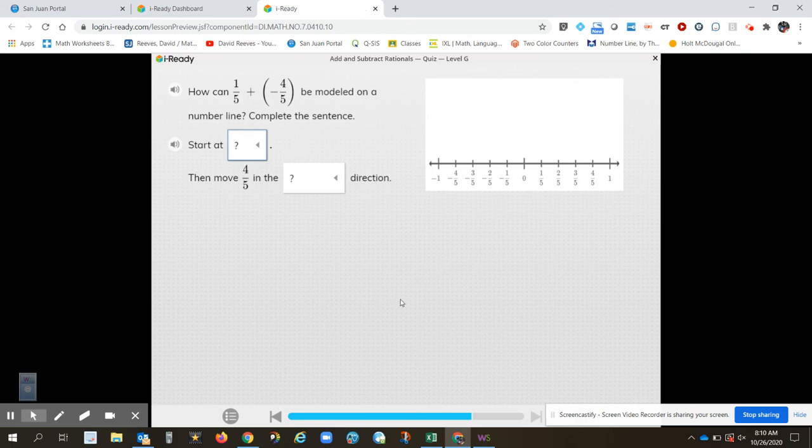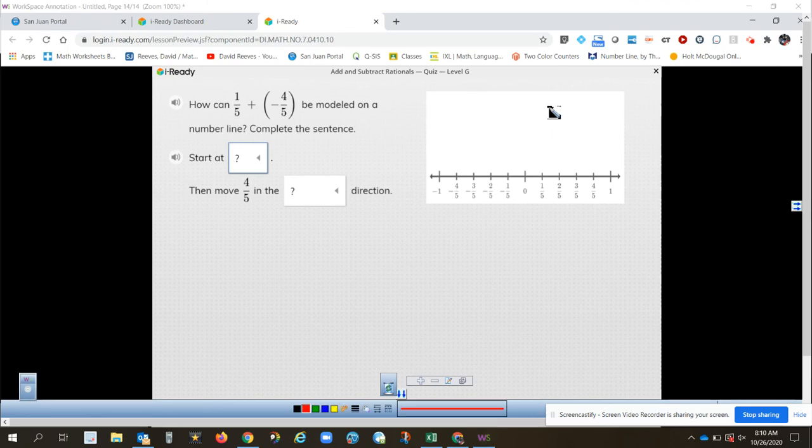All right, just to summarize it all up before we end the video. If you are going to the right, that is the same as adding a positive, or subtracting a negative.